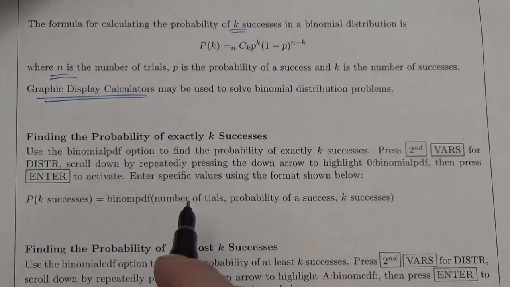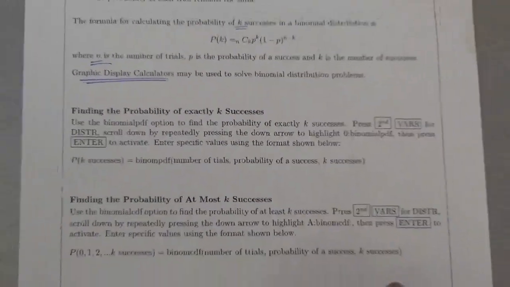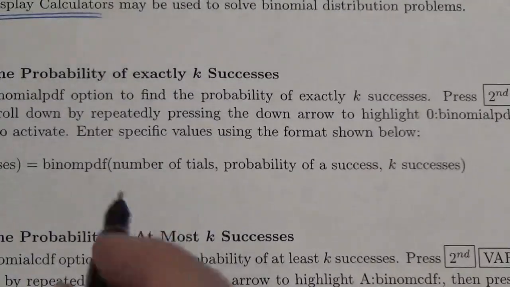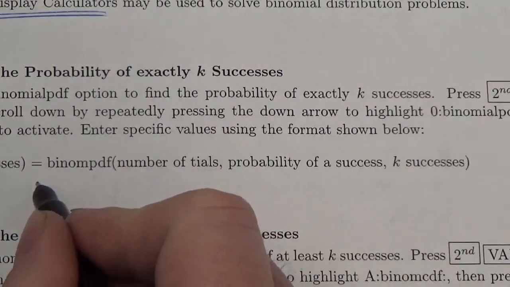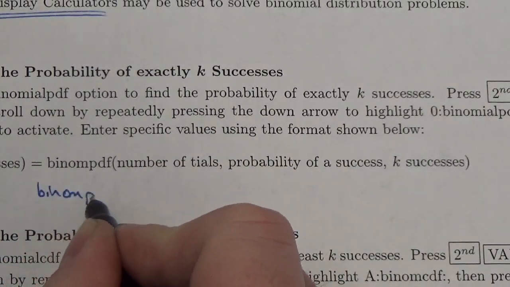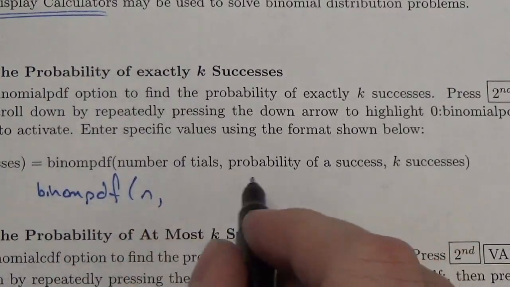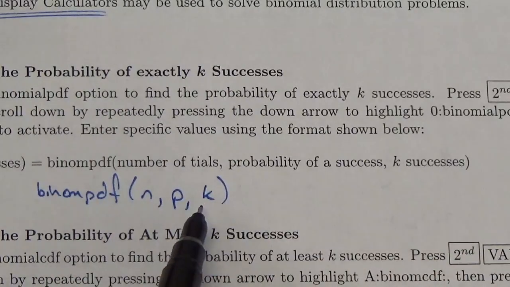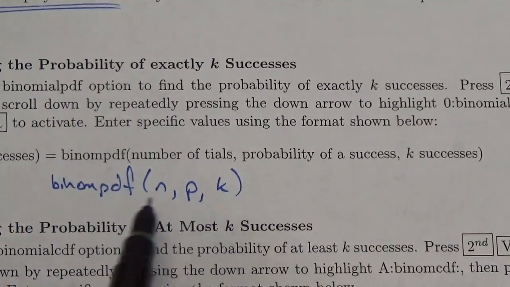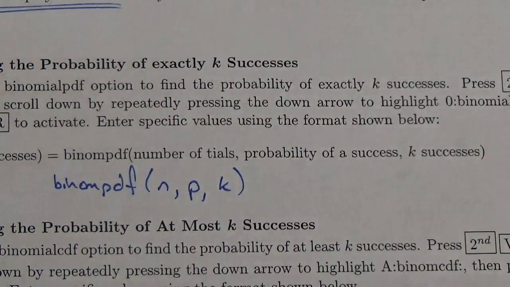The syntax, and I'm going to zoom in on this one again, is binomial PDF, where the number of trials is n, the probability of success is p, and the number of successes I'm looking for is k. So binomial PDF n, p, k, with commas in between.